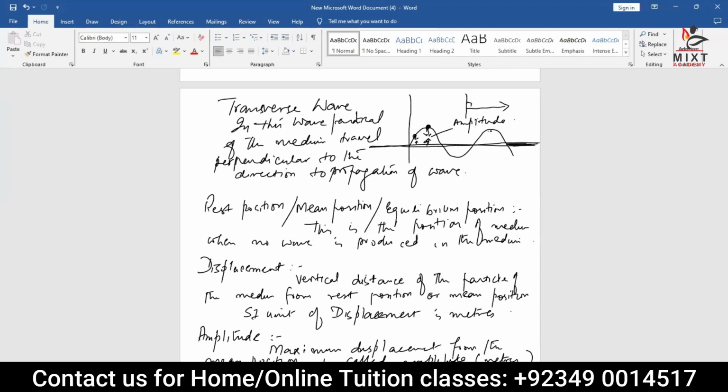Now the upper part from the mean position is called the crest, and the lower part from the mean position is called the trough.